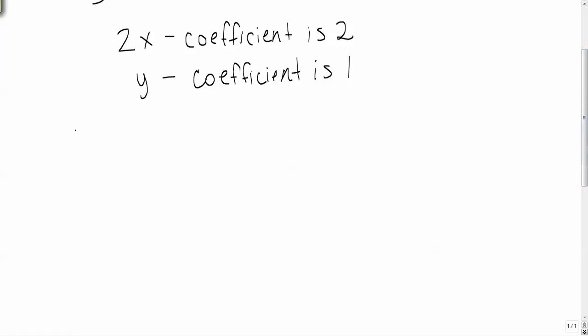Okay, next, like terms. Like terms have the same variables with the same exponents. For example, 2x squared and 3x squared are like terms because they both have x's and they're both to the same power.